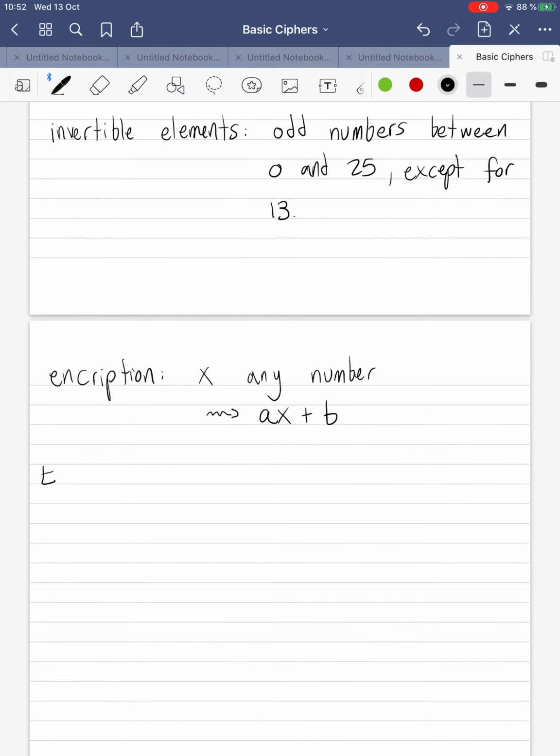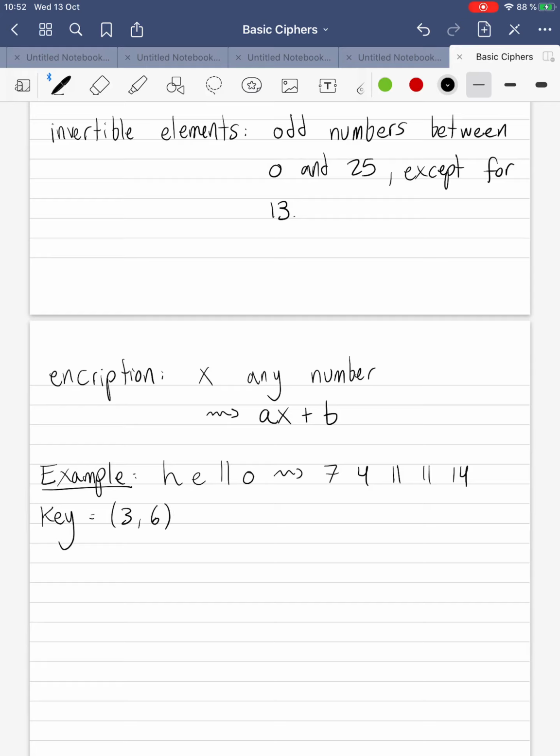So, example. We're going to do hello again. First we change this into numbers. H was 7, E is 4, L is 11, 11, and O is 14. Let's take our key to be 3, because we know 3 is invertible, and, I don't know, let's do 6.